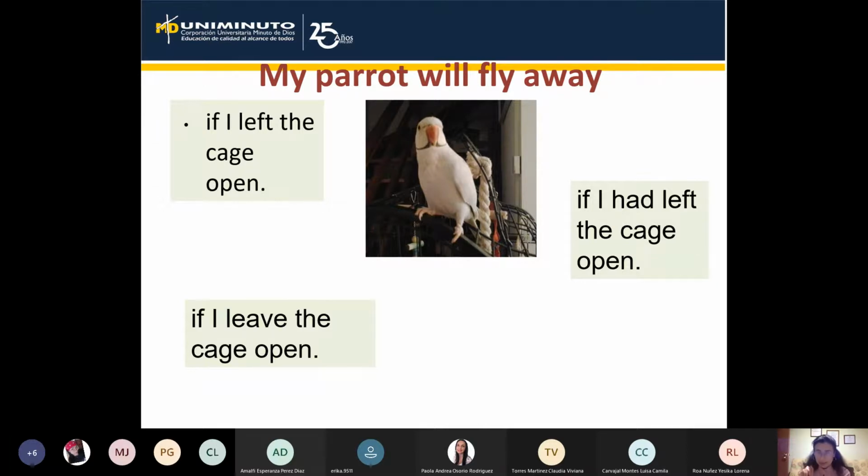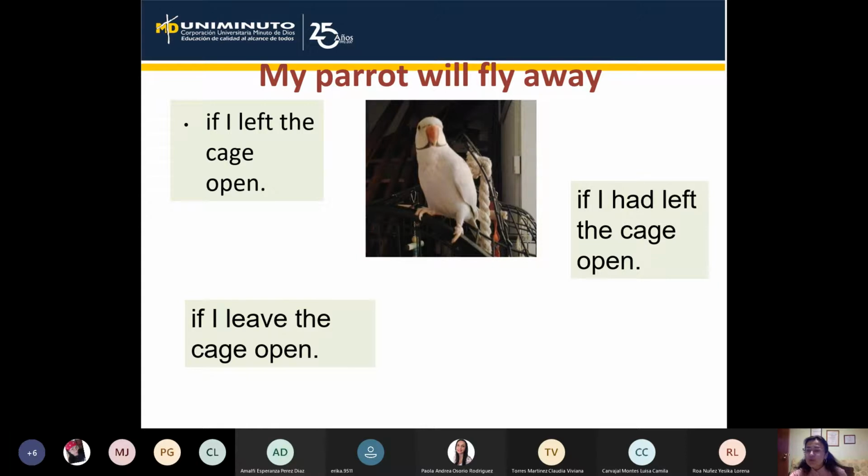Si dejo la jaula abierta, my parrot will fly away. Very good. Based on the present, you think about the future. It's very important that you have clear these conditional sentences and besides, you identify them, okay?